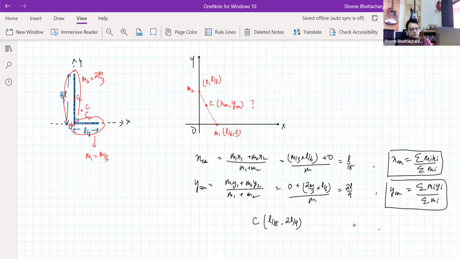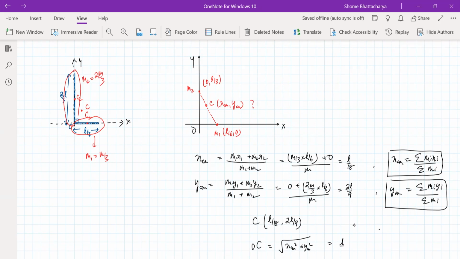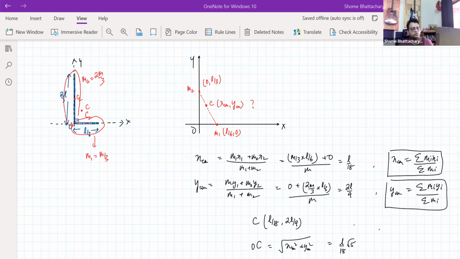You can also see that if you want to calculate this distance OC, that is root 17 by 4.